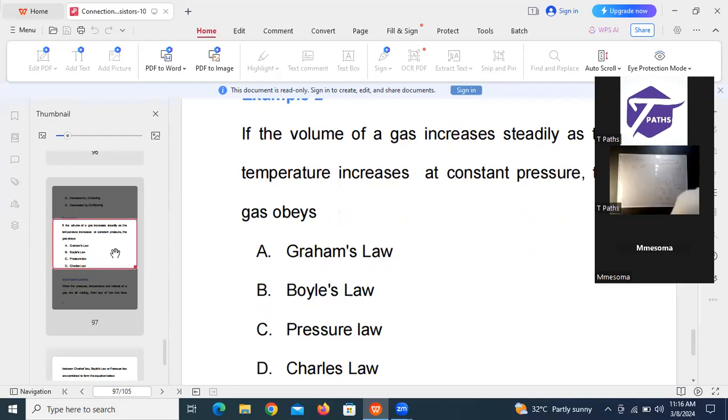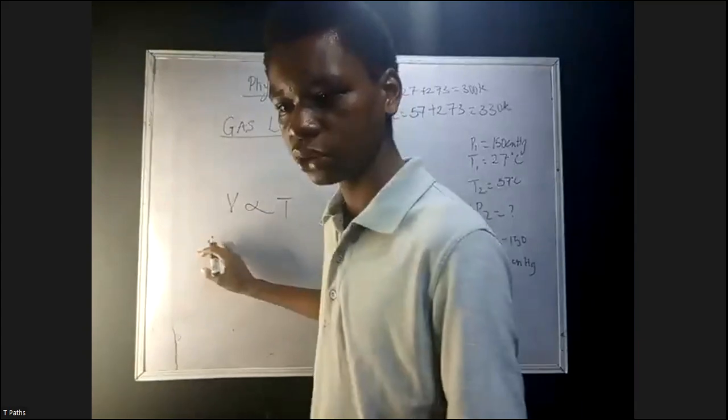The gas obeys. So what it is trying to say is, when the volume is increasing, the temperature is also increasing, which I can say is directly proportional. So now if a variable is increasing, let me say there are two variables, and when one of the variables increases and the other also increases, it means they are directly proportional to themselves.